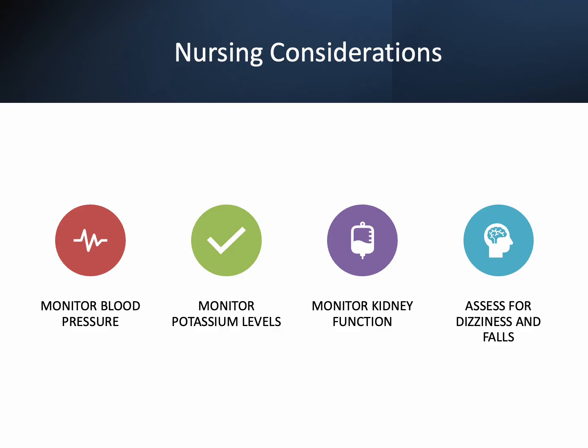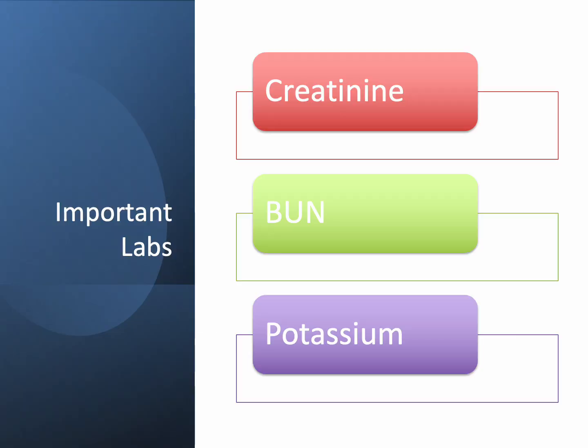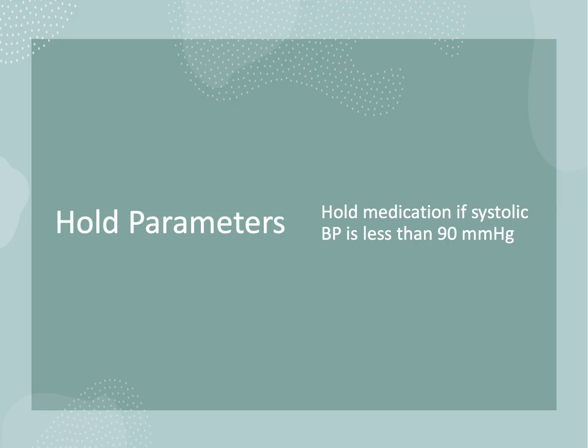So let's decrease the fall risk. Key labs, we're going to do the creatinine, BUN, and potassium, just the kidney functions as well, to make sure we are within the appropriate ranges for that, because we are messing with the blood vessels. We're relaxing those blood vessels, as we discussed earlier.